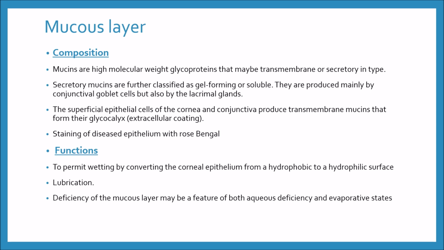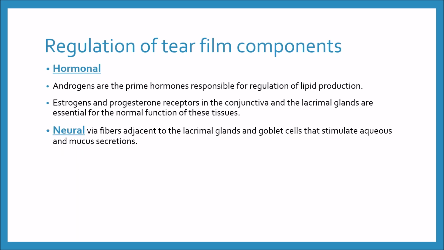Deficiency of the mucus layer may be a feature of both aqueous deficiency and evaporative stages. Goblet cell loss occurs with cicatrizing conjunctivitis, vitamin A deficiency, chemical burns, and toxicity from medications. Now, regulation of tear film components is either hormonal or neural.